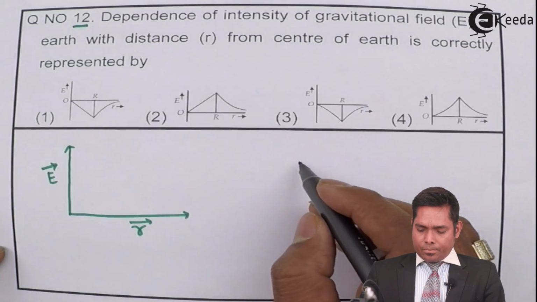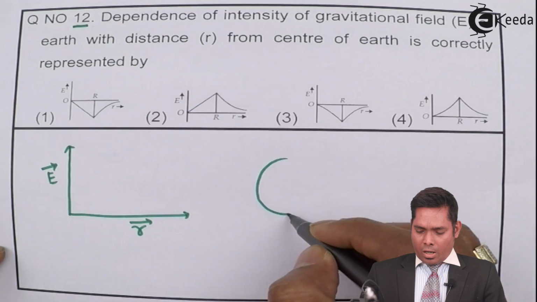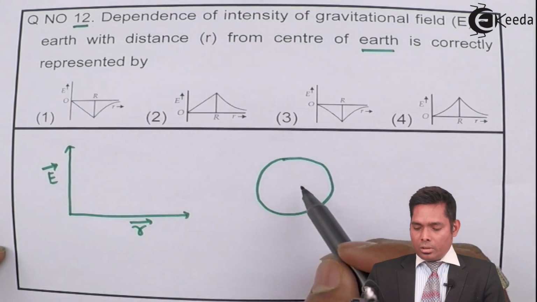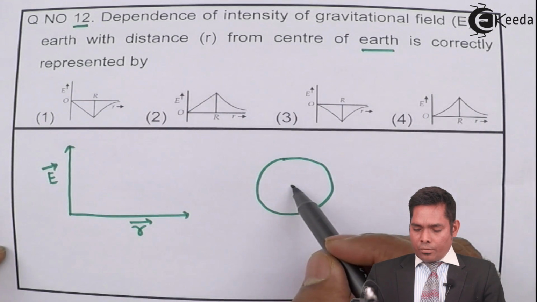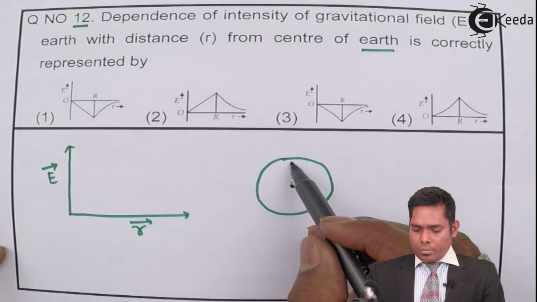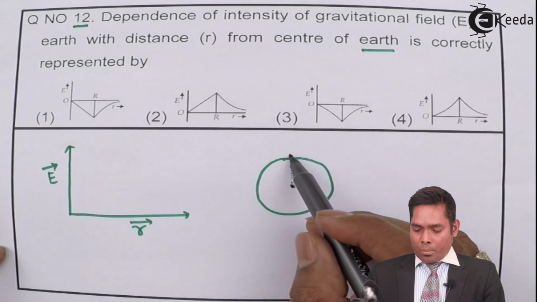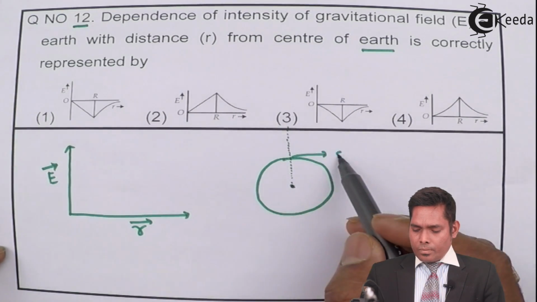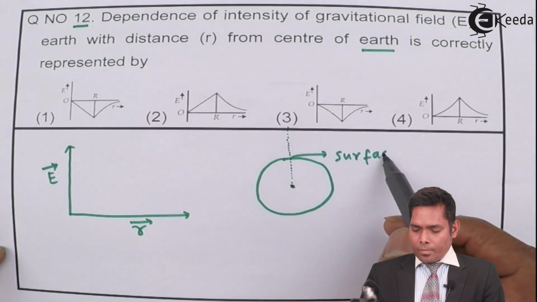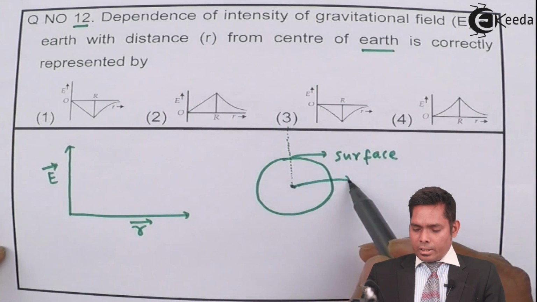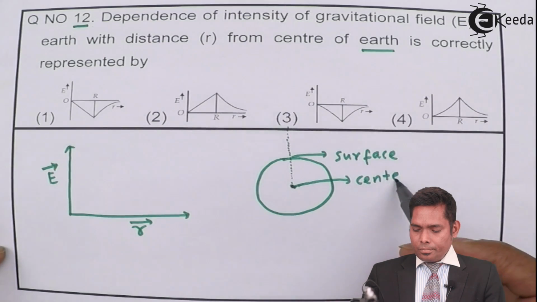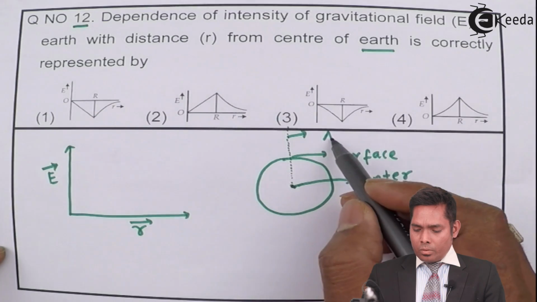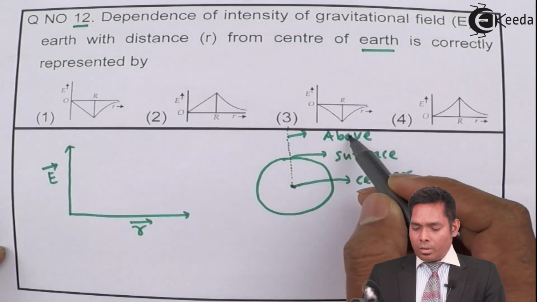We know that if this is our Earth, from the center, if I move up and up, this is the surface. This is the center, and this is any position above the Earth surface.